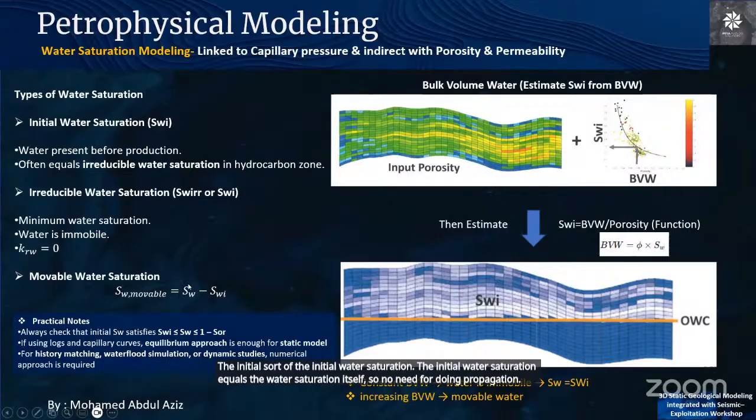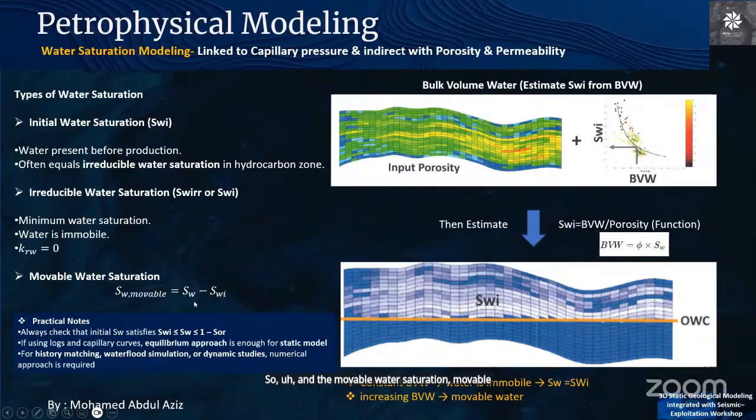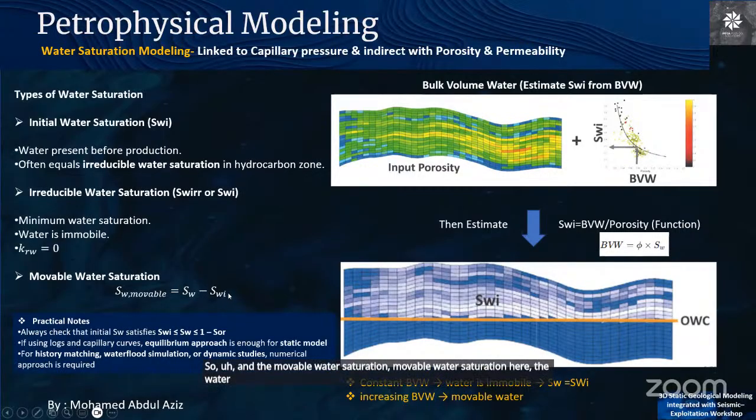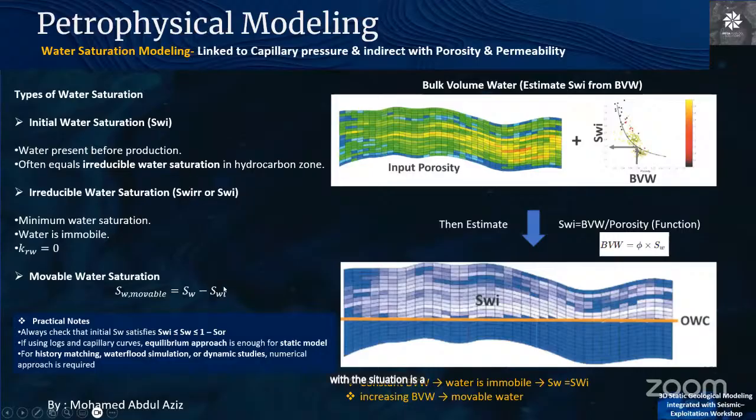And the movable water saturation is the water saturation itself minus the initial water saturation, and that water will move. Suppose the water saturation is 50% and the initial water saturation is 30%, so the 20% will move.